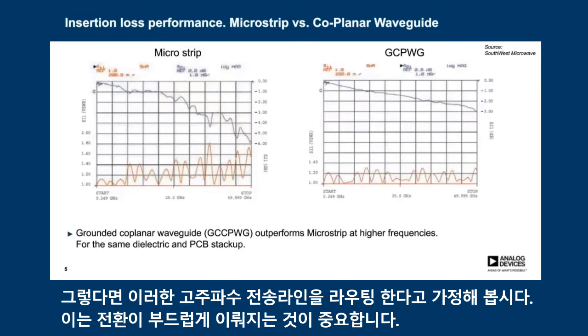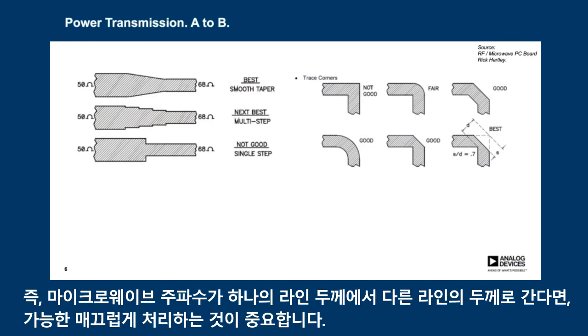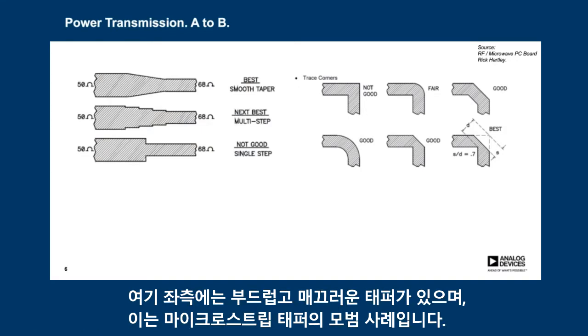Then, routing these high-frequency transmission lines, it is important to be gentle with these transitions. As a microwave frequency goes from one line thickness to another, it's important to try and make it as smooth as possible. So on the left-hand side here, we can see a nice smooth taper, which is the best practice for a microstrip taper.